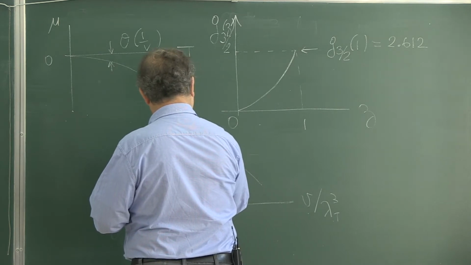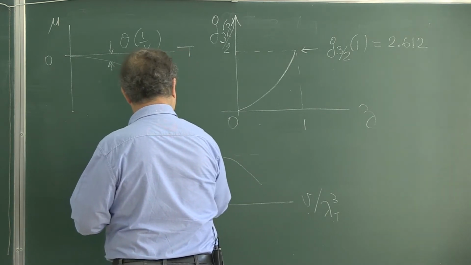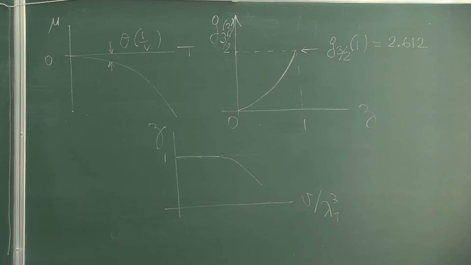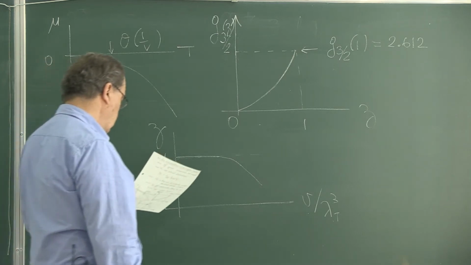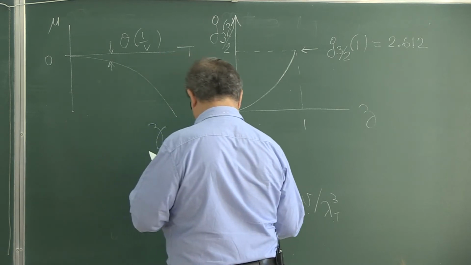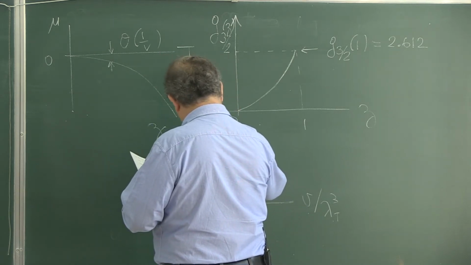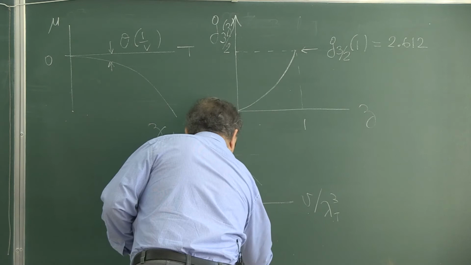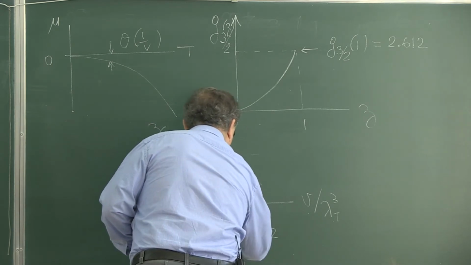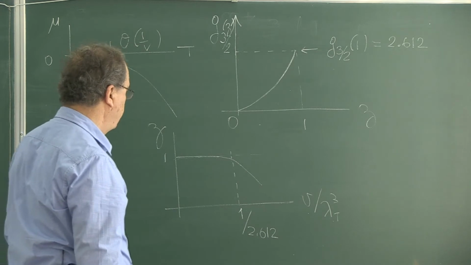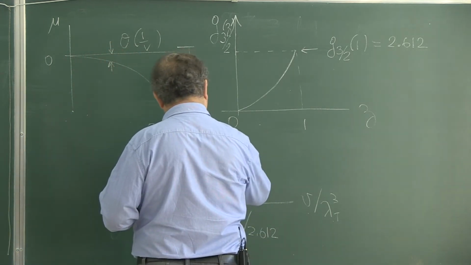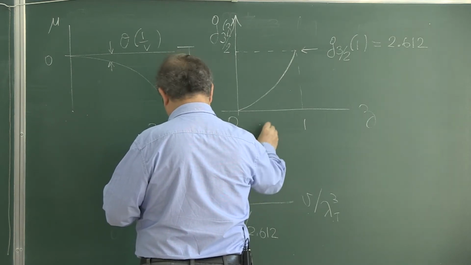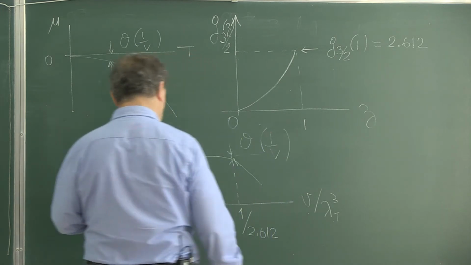As it goes to 1, it remains 1 after a certain value. So at that value, when it is 1 over 2.612, this difference is of the order of 1 over V again, very small.